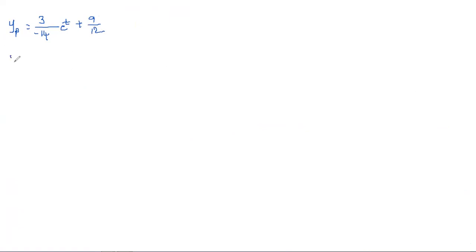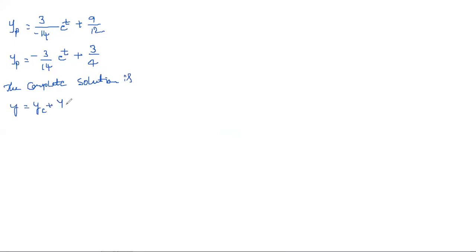So this is nothing but yp equals minus 3 by 14 e power t plus 3 by 4. So this is yp. Therefore the complete solution, or the general solution, is y equals yc plus yp.